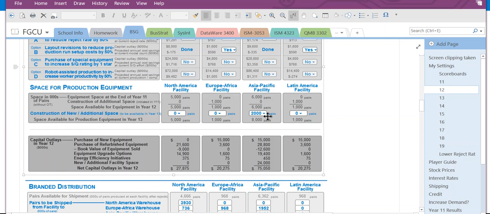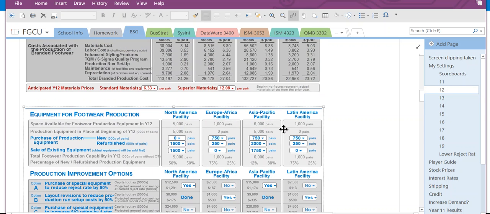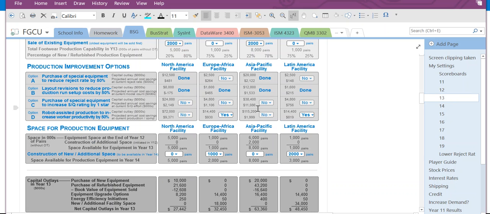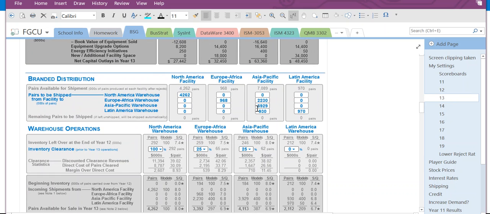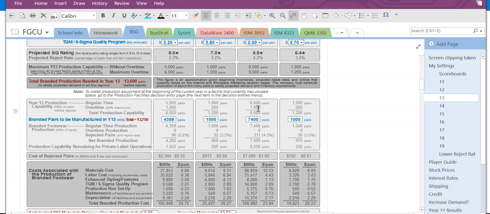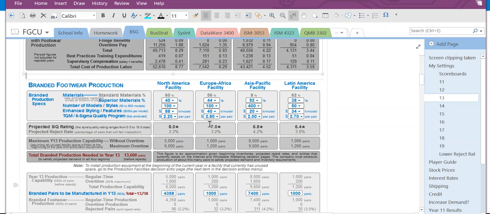And this ended up being a mistake, because we ended up having an 8,000 pair facility in Asia and only 1,000 in Europe and 1,000 in Latin America. If you go to year 13, you'll see that. So you probably go to branded.